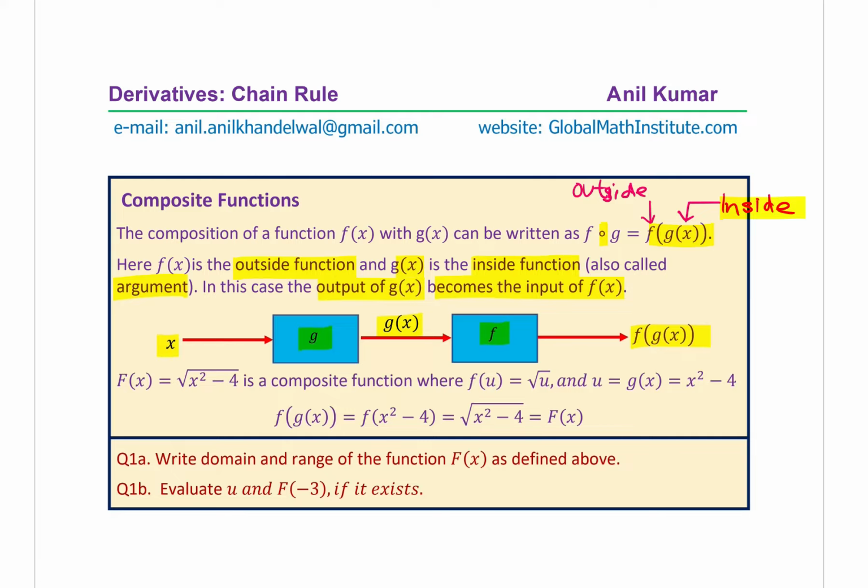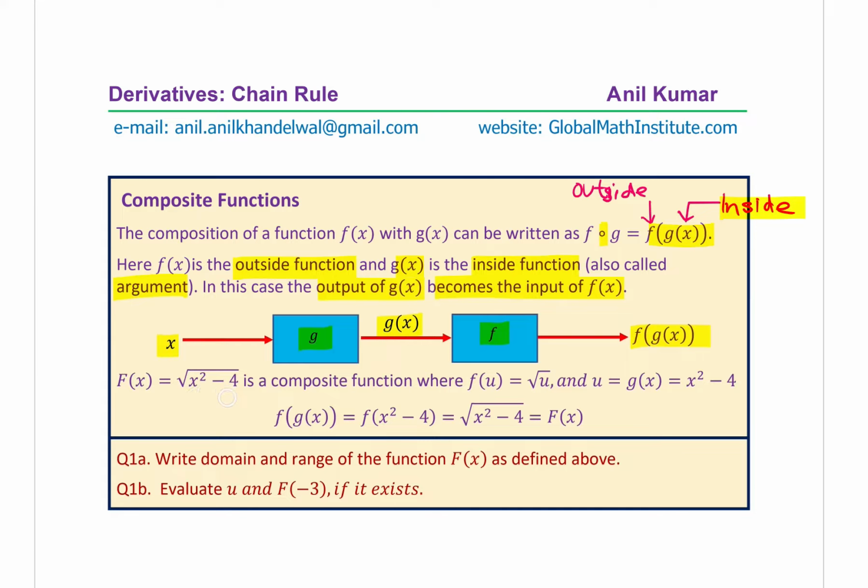To give you an example, let's say capital F of x is a function which is given by square root of x squared minus 4. So we can treat x squared minus 4 as the inside function and square root as the outside function, correct? So what we have done here is we have written the outside function as square root of u, and we have defined u as the inside function, right, which is x squared minus 4.